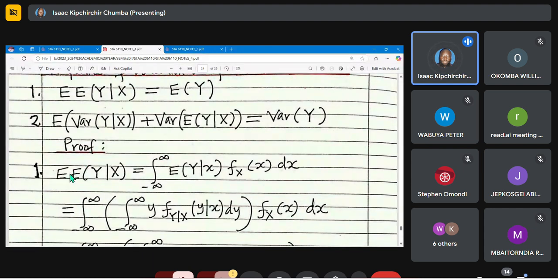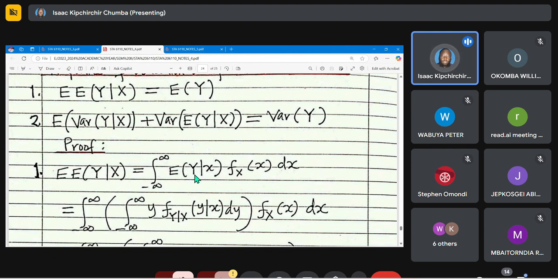We have said expected of Y given X is a random variable which assumes this value. You can see it's a function of X. So when this one is coming to average over it, it's going to be averaging over X with respect to the marginal of X. This is what it actually means.